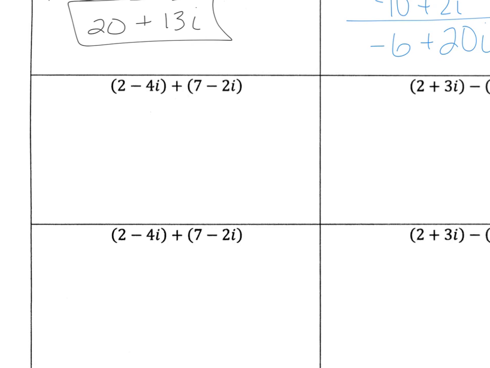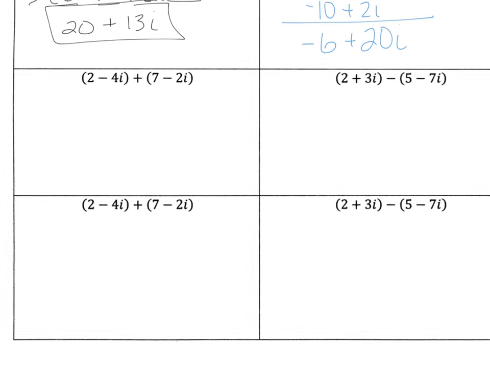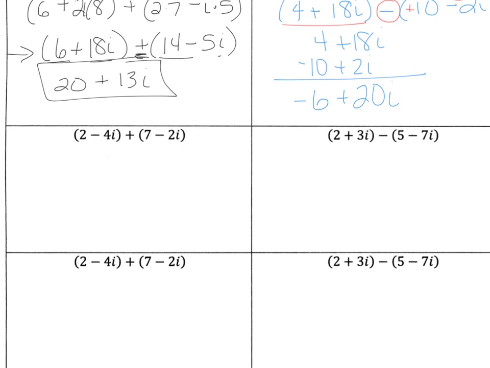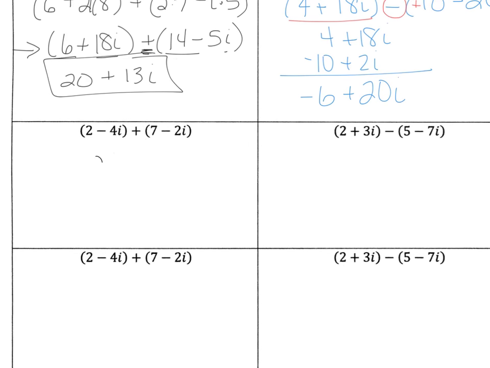However, if you try these in your calculator, check to make sure they're right. So this is 9 minus 6i. This is negative 3 plus 10i.